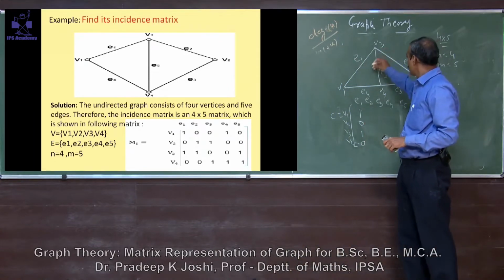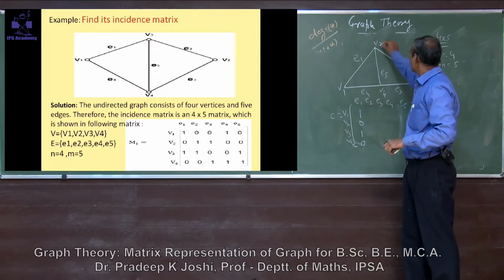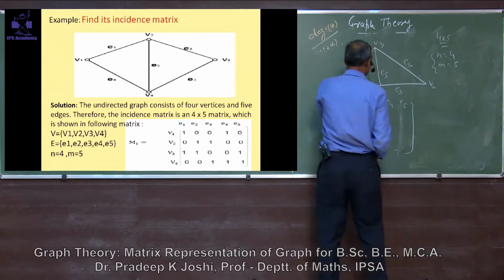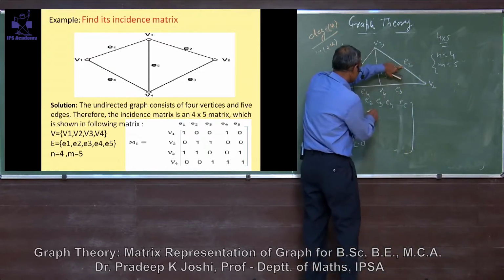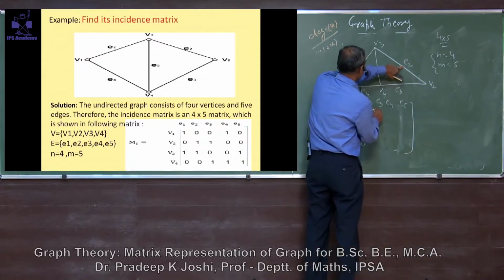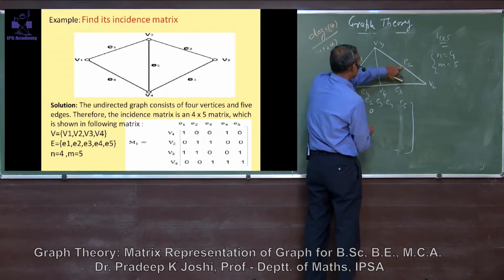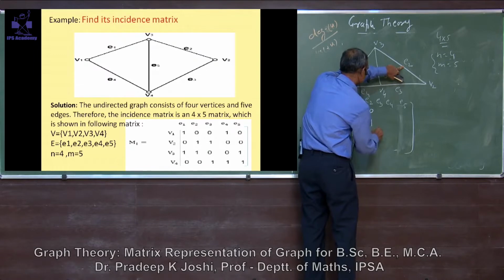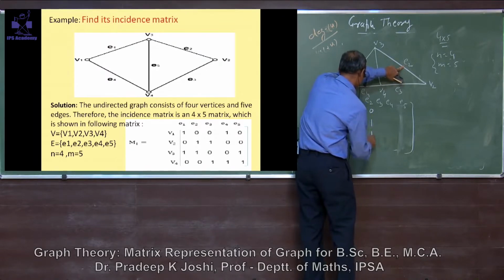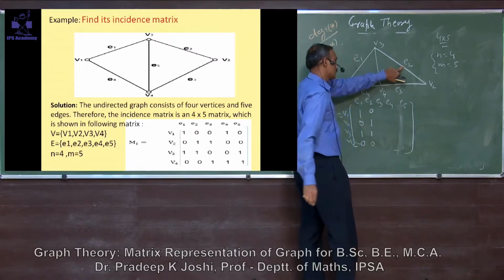Similarly, E2 is incident on V3 as well as on V2. It is not incident on V1, so put 0; incident on V2, put 1; incident on V3, put 1; and not incident on V4, so put 0 here.